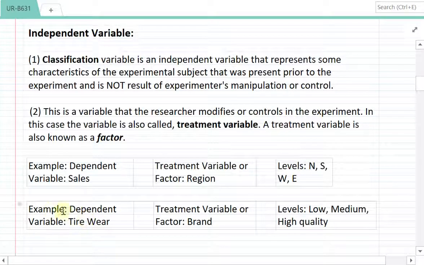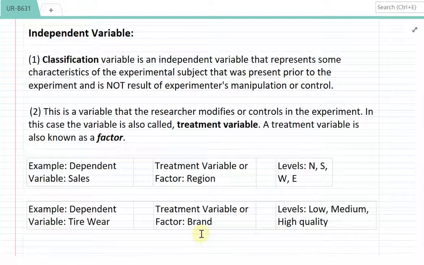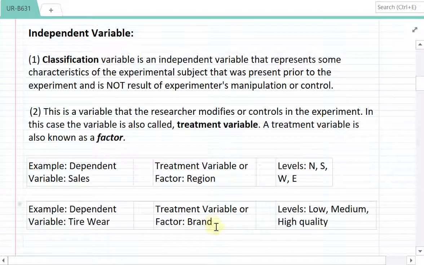My next example I made up was tire wear. So that's again my response variable. My treatment in this case, or factor, would be brand. Suppose I have 3 brands of tires. I mean, the brand here would be low, medium, high, not necessarily like BF Goodrich, Michelin, like that.